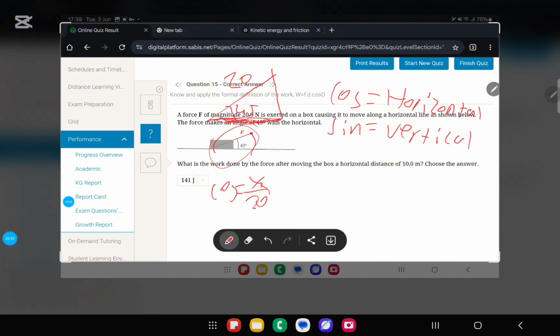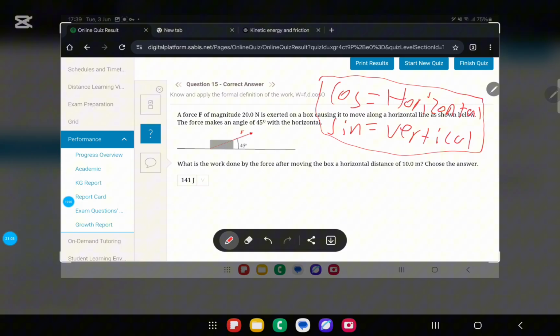Okay, so let me erase this. Again, cosine is horizontal and sine is vertical. Whenever you see horizontal, you know it's cosine. If it's vertical, it's sine. Now, what is the work done by the force after moving the box a horizontal distance of 10 meters? The work done by the force is force times distance.